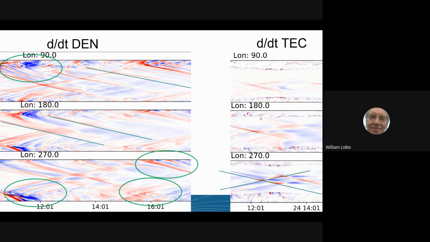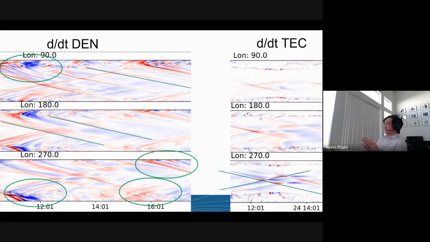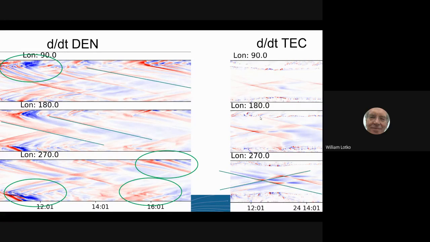I'm not challenging anything here, just trying to interpret what I'm seeing. I haven't looked at the source generation of these yet. Okay.